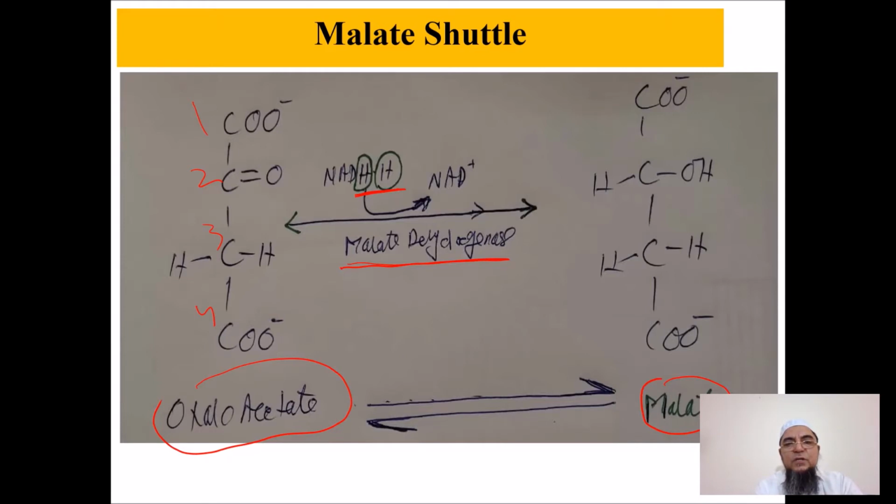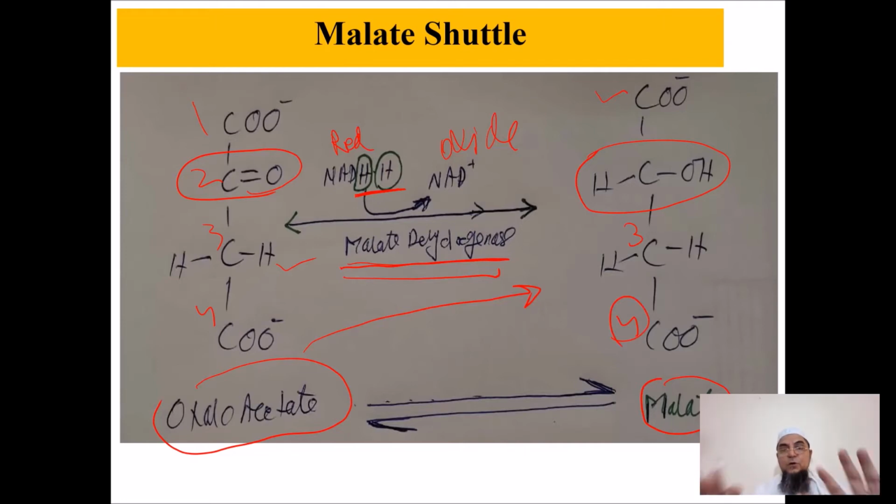NADH will provide 2 hydrogens, and then the oxaloacetate is reduced with the help of the enzyme malate dehydrogenase, and it is converted into malate. So see here, this is the same. This position will change into CHOH. Carbon number 3 is the same, and carbon number 4 is the same. Clear? Now I hope this picture is clear to you.